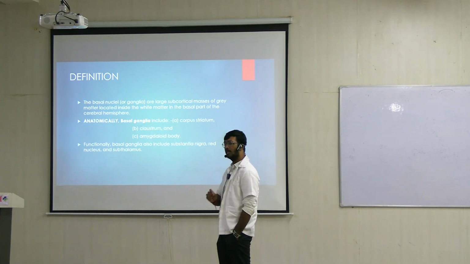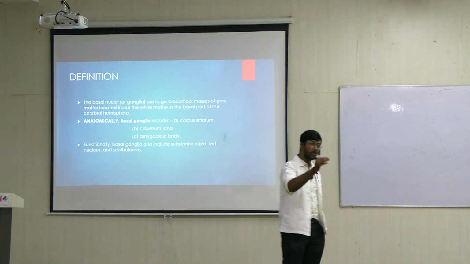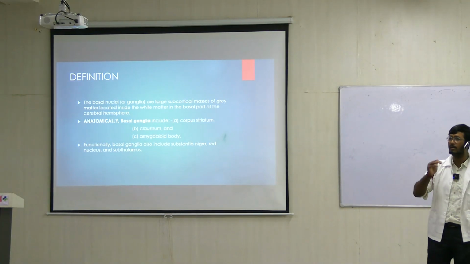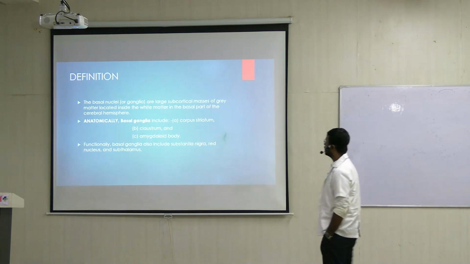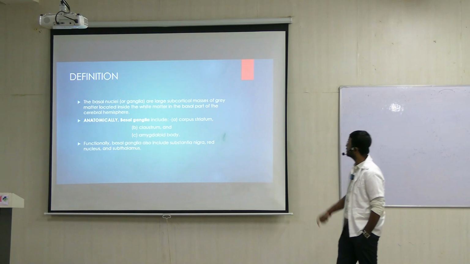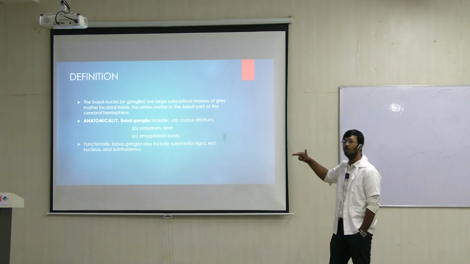Now, the gray matter usually covers the cortical areas, that is the cerebral cortex and cerebellar cortex. But the basal nuclei, being gray matter, are present in the subcortical mass. Subcortical means below the cortex.